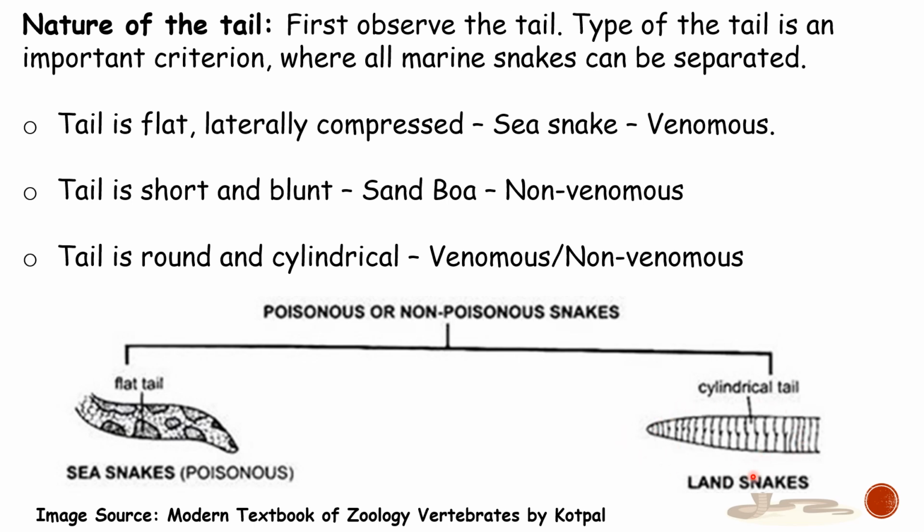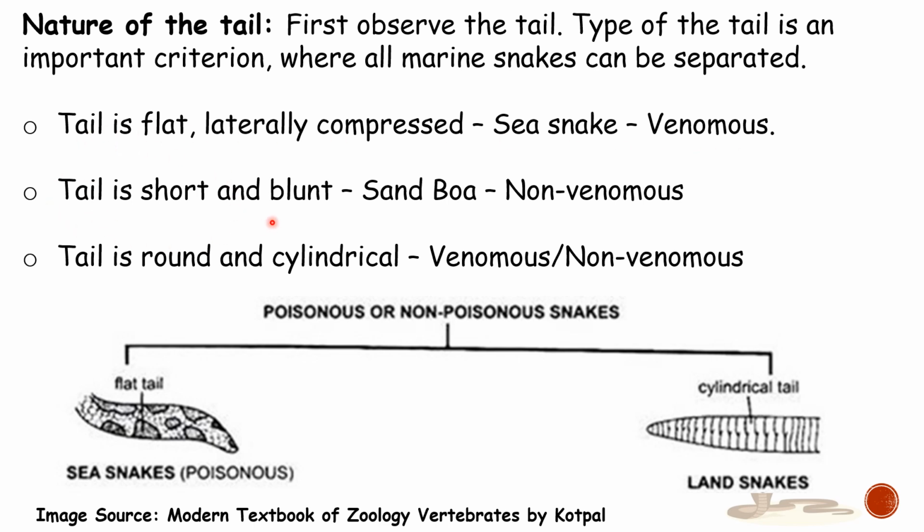This might be venomous or non-venomous, so we require further examination of other characters. By seeing those characters only, we can say whether it is venomous or non-venomous. But by observing the tail, we can at least say that if the tail is flat or laterally compressed, it is venomous.